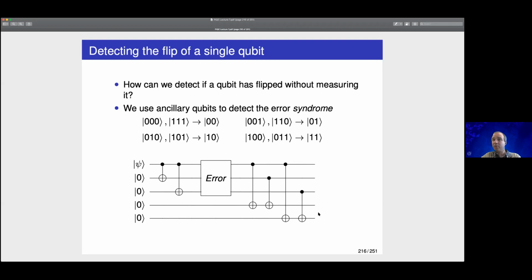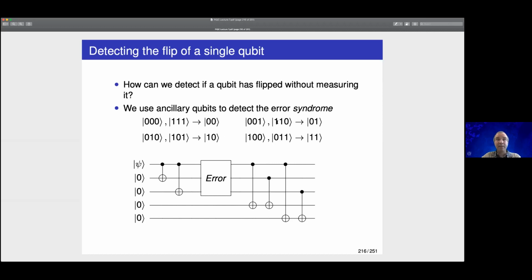So now we are going to have here 2 bits of information we can measure. The first one tells us if these 2 qubits are equal or not. If this is 0, the 2 qubits are equal. If it is 1, they are different. And this result of the measurement here is going to tell us whether the first and third qubits are equal or not, okay?